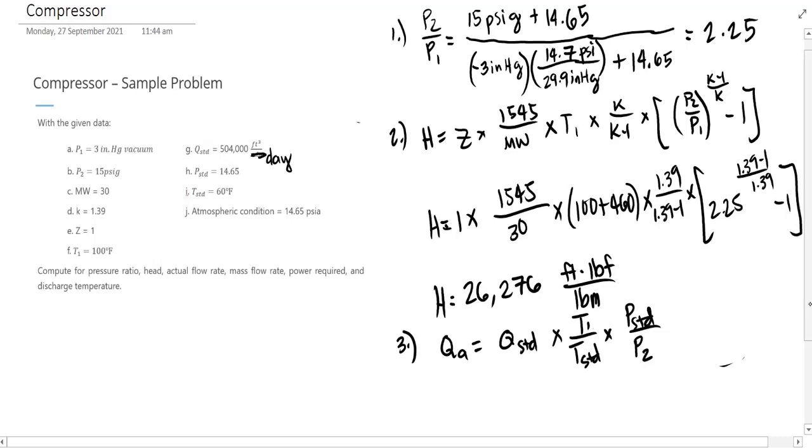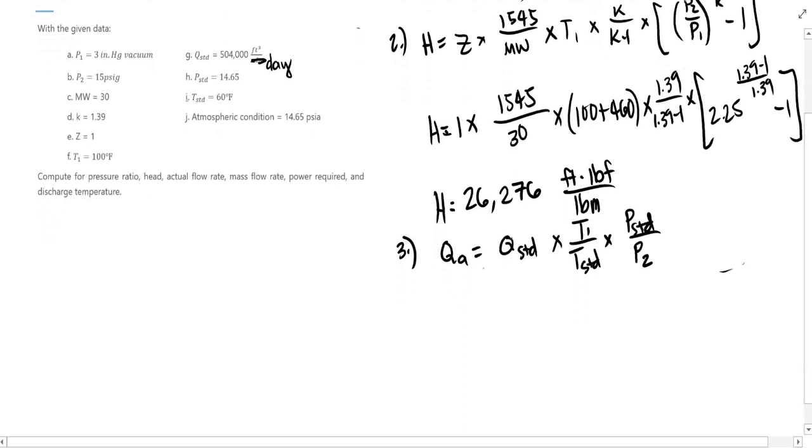So, let's solve for actual flow rate. So, QA is equal to 504,000 feet cube per day.